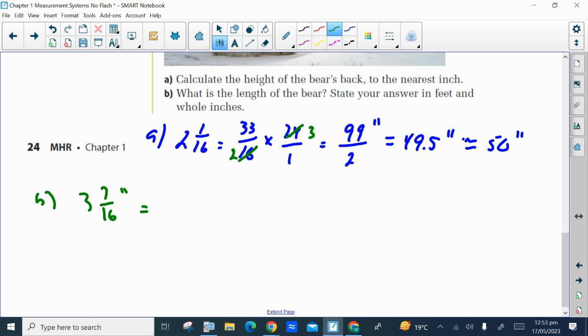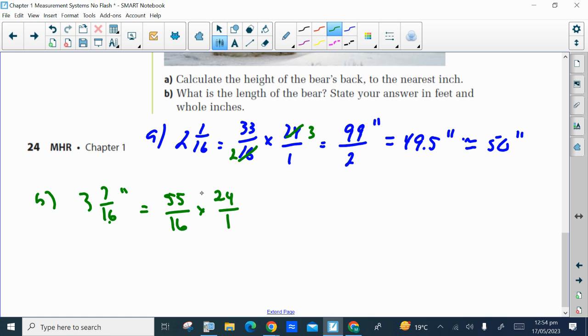Which, if we change that to an improper fraction first, 3 times 16 is 48, plus 7 is 55 over 16. And again, our scale factor is 24 over 1. We're told the scale is 1 to 24. That's what that means.